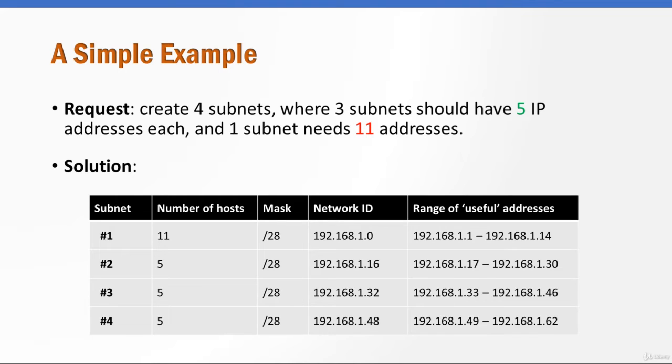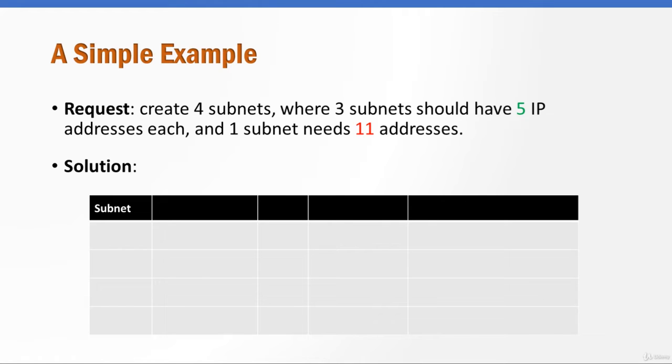Okay, so how did we get here? First, I'm going to mark all the subnets and then populate the number of hosts. We're going to begin from the largest network, which needs 11 IP addresses, and then we're going to talk about the other 3 networks that need 5 IP addresses each.